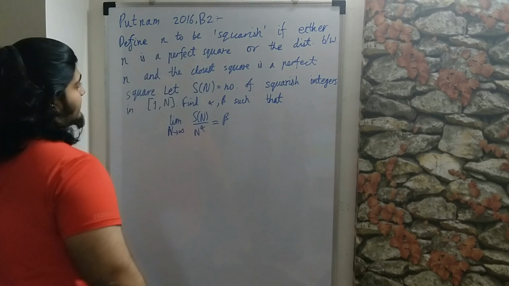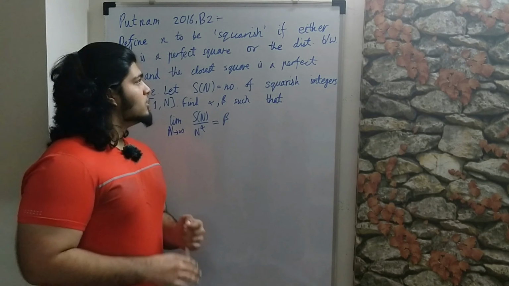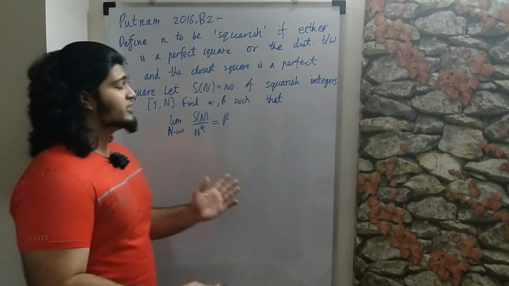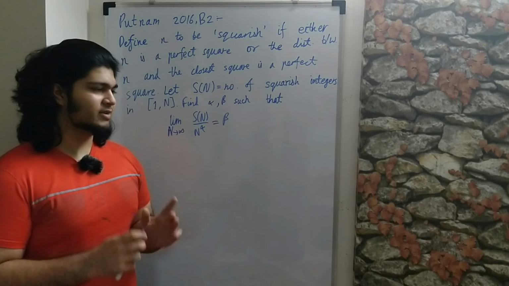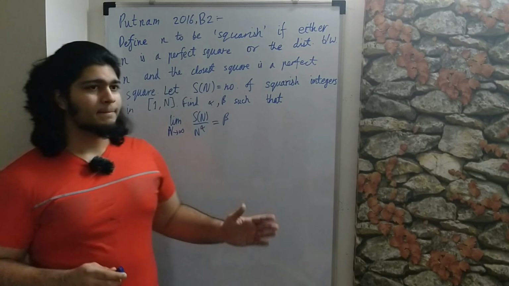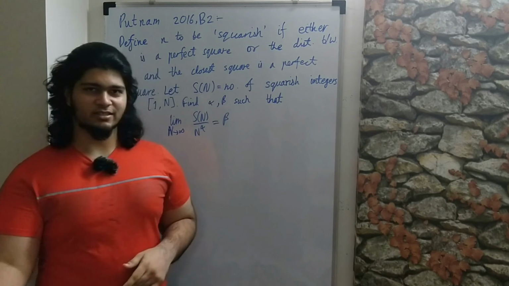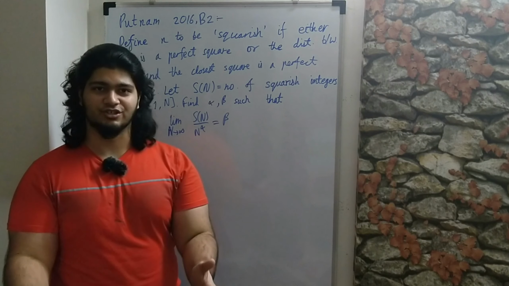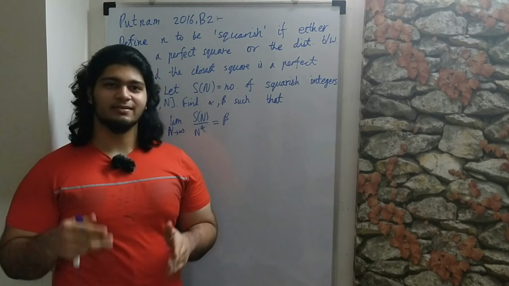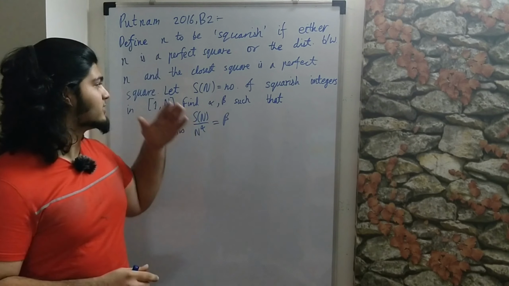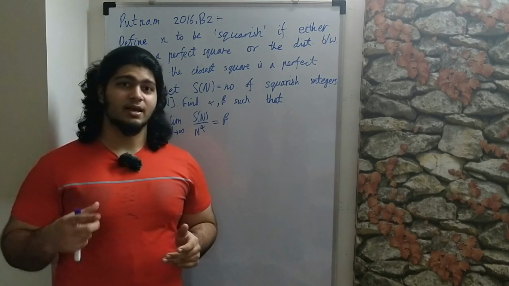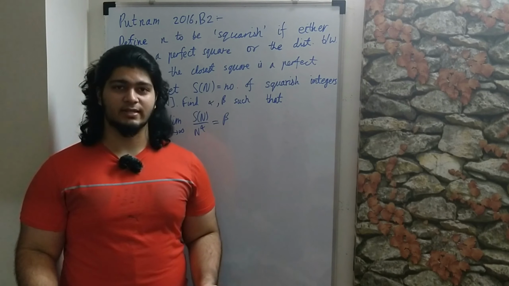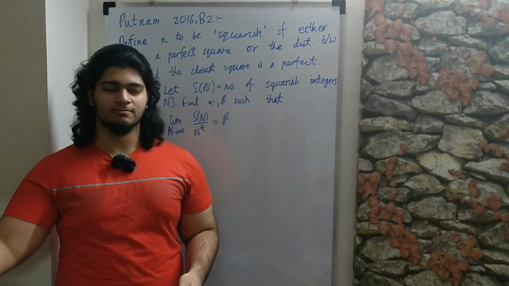Okay, so now let's come to solving the question. Reading the question, the first instinct is that we have an upper bound capital N, and then we go to every integer between 1 and N, and we ask it whether it is squarish, and it will tell us yes. If it tells us yes, then we increase the count of S_N by 1, and if it tells us no, then we don't do anything, we move to the next integer.